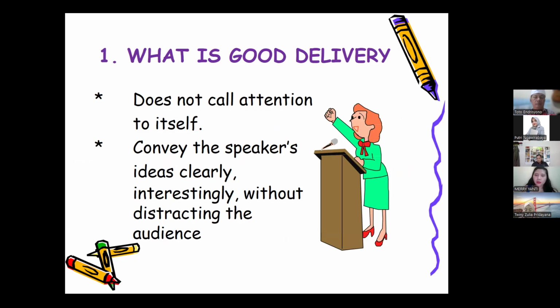And the second one: convey the speaker's ideas clearly and interestingly without distracting the audience. Speak in a way everyone understands, make the topic engaging, and avoid doing anything that takes attention away from the message, like playing with the microphone, speaking too fast, or using too many filler words.